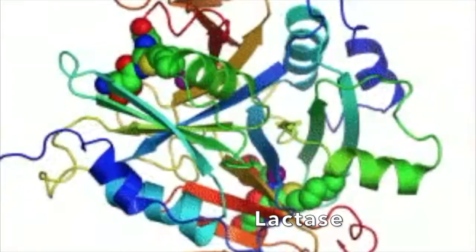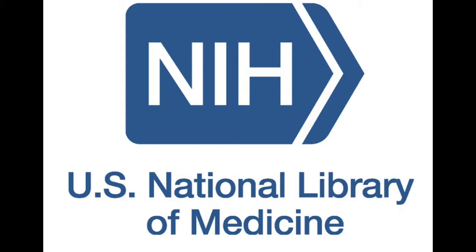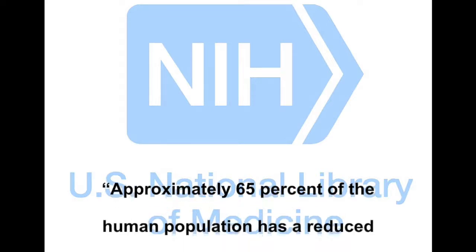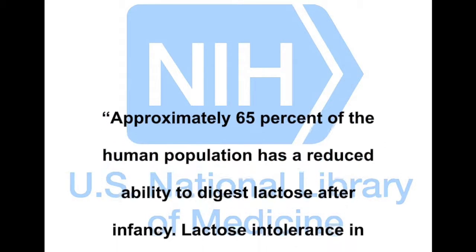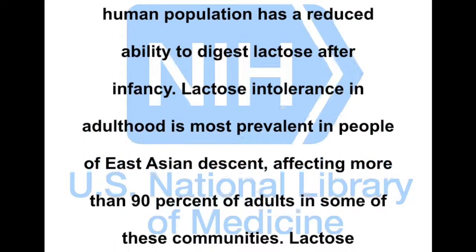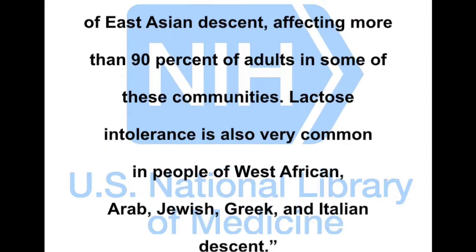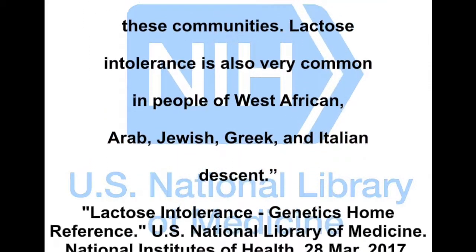One enzyme in particular, lactase, happens to be one that has a different frequency amongst various populations. According to the National Institutes of Health's National Library of Medicine, approximately 65% of the human population has a reduced ability to digest lactose after infancy. Lactose intolerance in adulthood is most prevalent in people of East Asian descent, affecting more than 90% of adults in some of these communities.